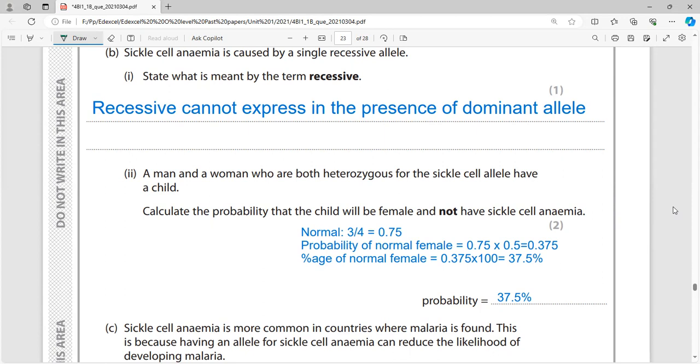If you face any problem with this, you should understand the probability of dominant and recessive alleles in the F2 generation if the parents are heterozygous, and second, the probability of getting a male or female baby, which is 50%. You should watch that video. That will be more helpful for you.